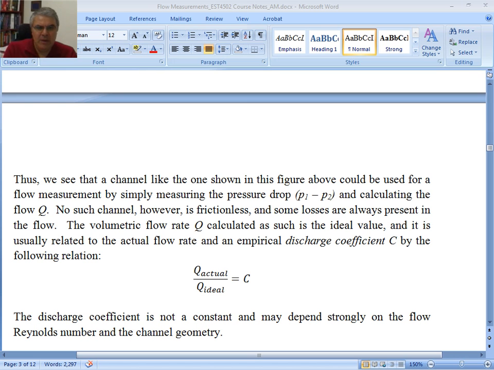it is very interesting to note, as many of you that have worked outside academia would know, the ideal Q that we just calculated based on Bernoulli equation is actually never the same as the actual.